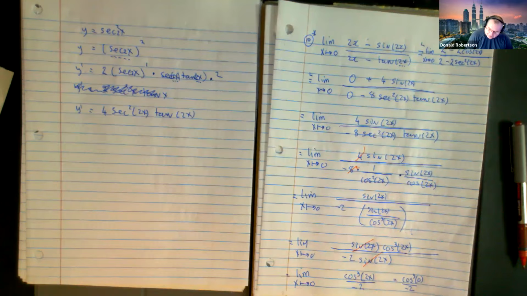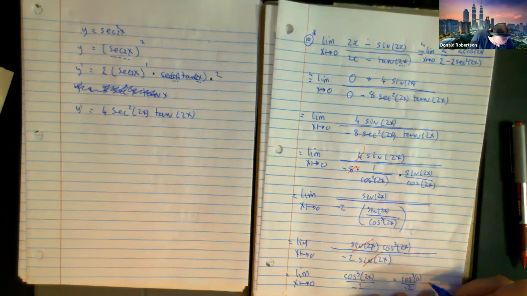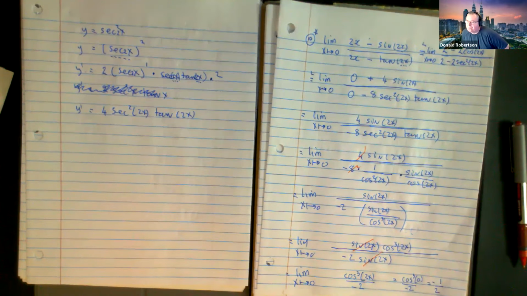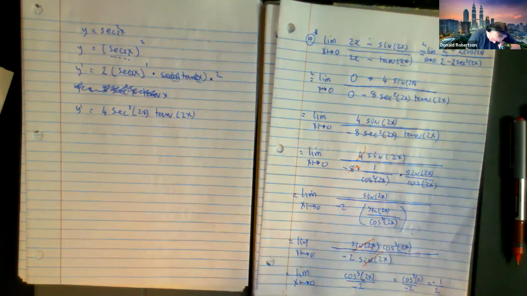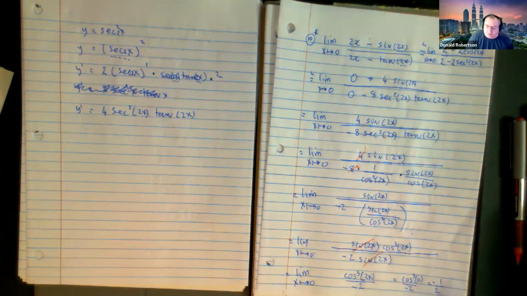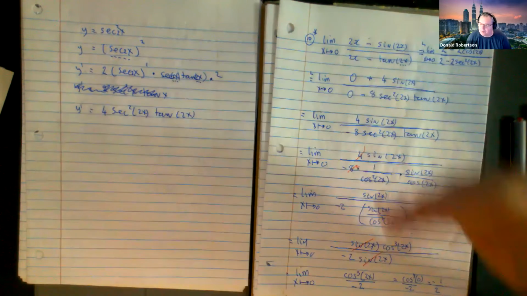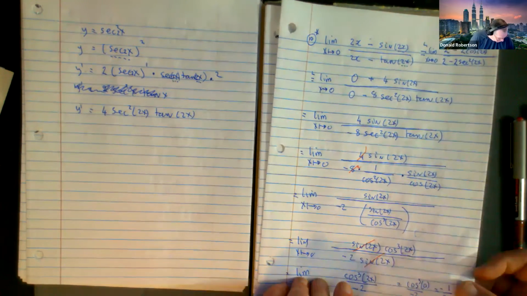The cosine of nothing is 1, so that's 1 cubed over -2. You have got the answer, -1/2. So we actually did solve it. But from here downwards was all algebra, trig algebra. Nothing to do with L'Hospital.